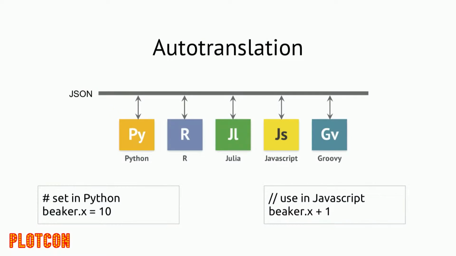Here you can see a really simple example at the bottom of this slide. You can just set a variable in Python. You can say beaker.x equals 10, and then in JavaScript you can say beaker.x plus 1 and get the value 11. And it's that simple.